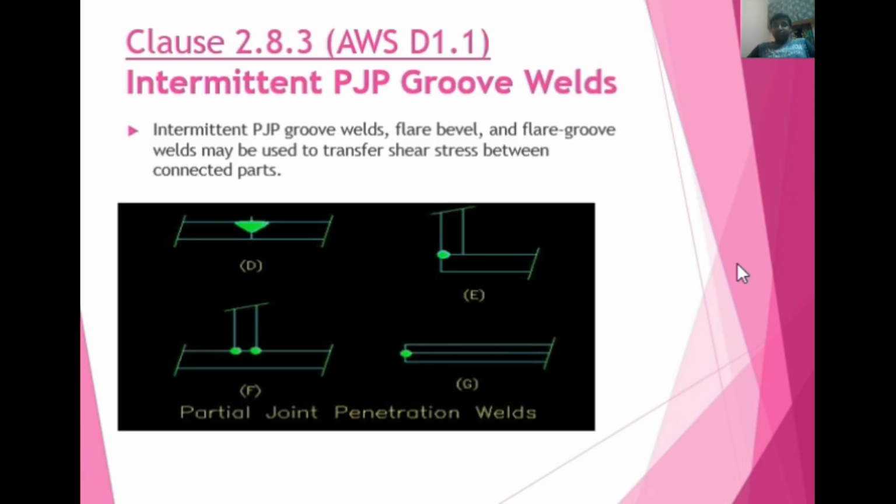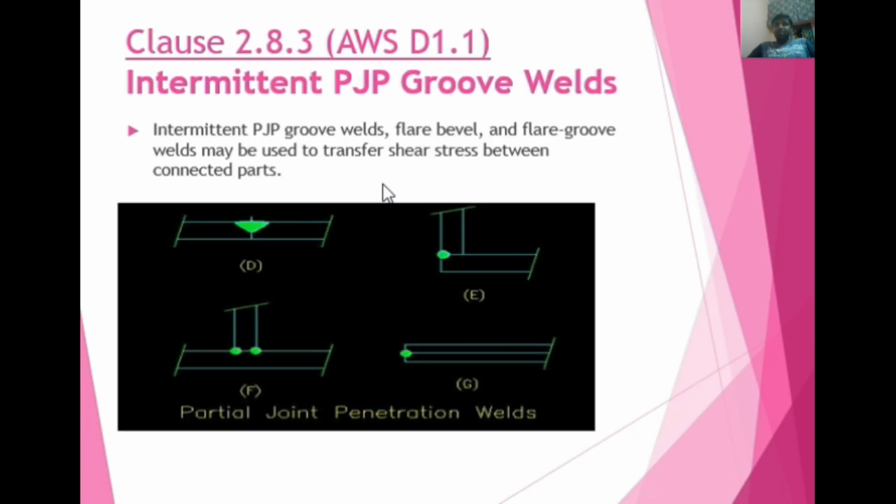Clause 2.8.3 of AWS D1.1, intermittent PJP groove weld. You see, intermittent. This is the partial joint penetration, and you can understand how it looks here. Intermittent means there is welding, but it is not continuous. Maybe 10 mm welding, after that there is a gap, after that 10 mm welding again.